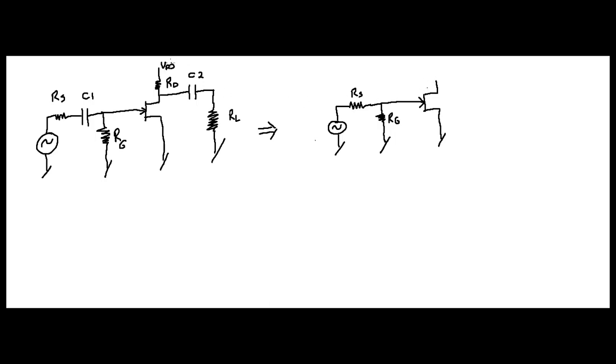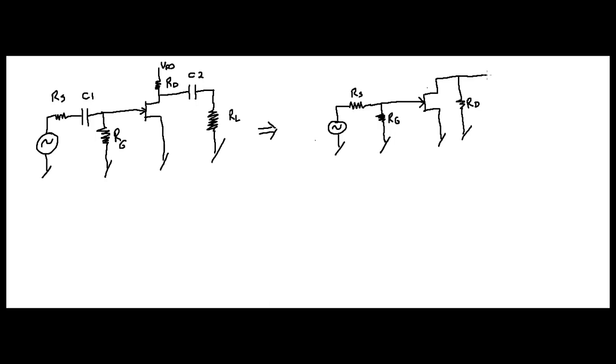If your voltage here, VDD, is AC ground, basically, you can bring this over, and that's going to be going to a ground, right? Even though it's AC ground, it's still a ground, so that's RD, right?